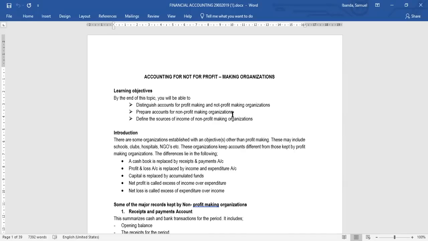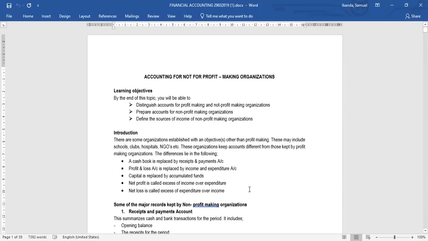Now, non-for-profit, just like for-profit organizations, are also interested in making sure that they prepare financial statements for their organizations. This is to make sure that they are tracking the financial performance of how the organizations are running, okay?